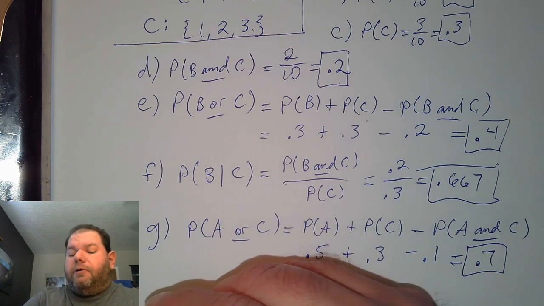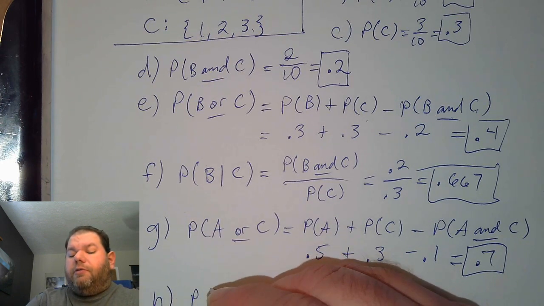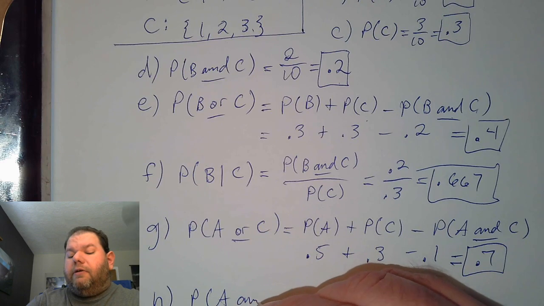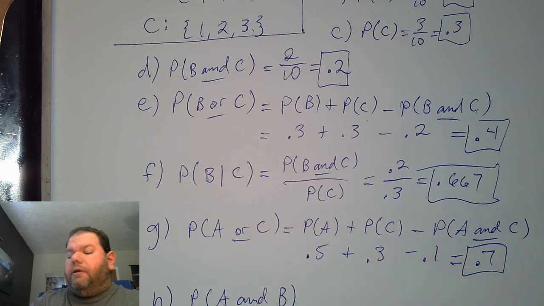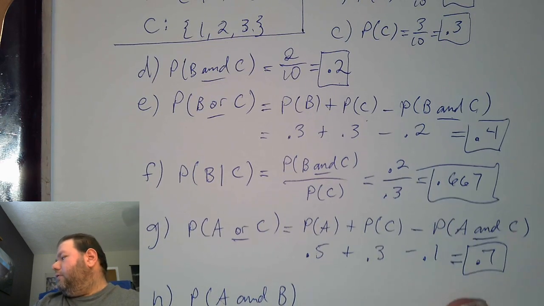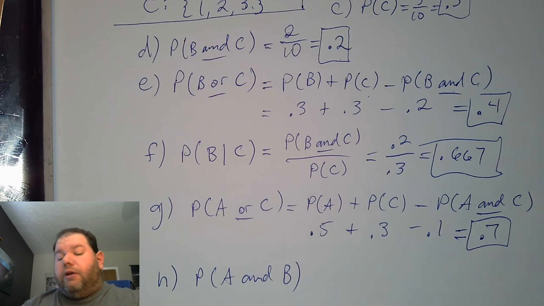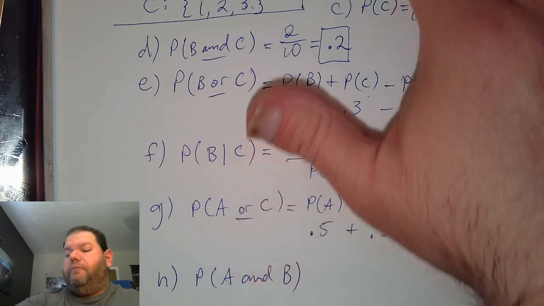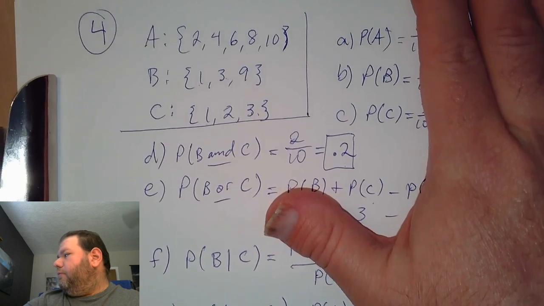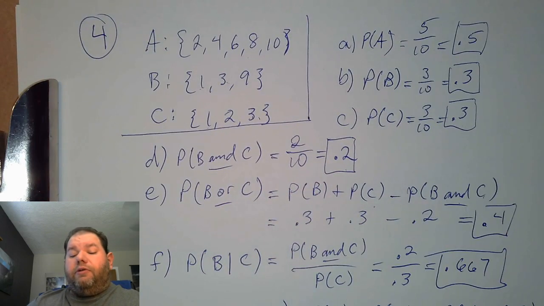Okay, and then our last part, H, with the probability of A and B. Now again, this is our AND statement, so we want to go back and look at the lists for A and B, and see what they have in common.